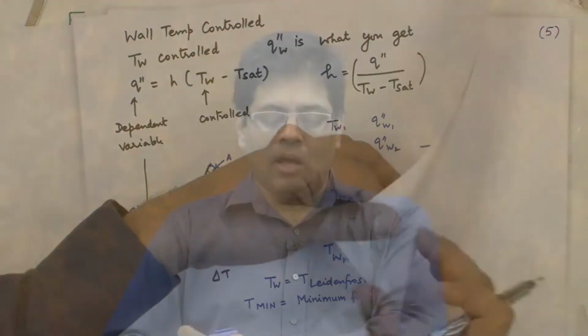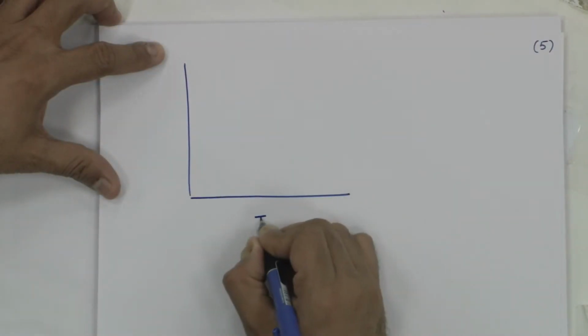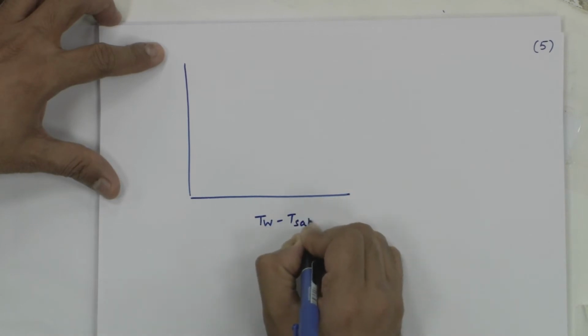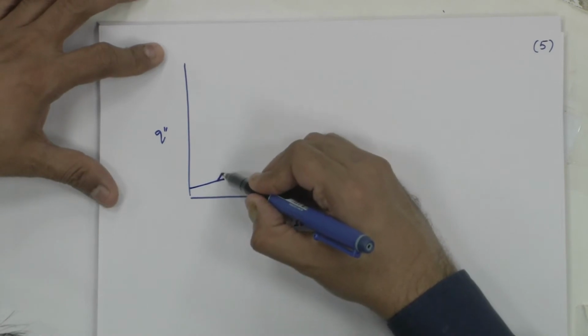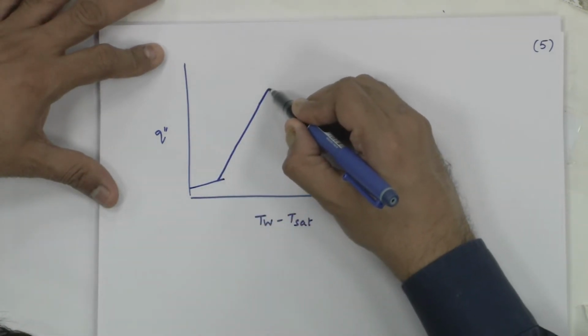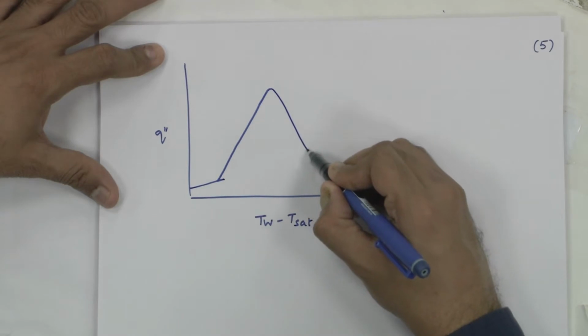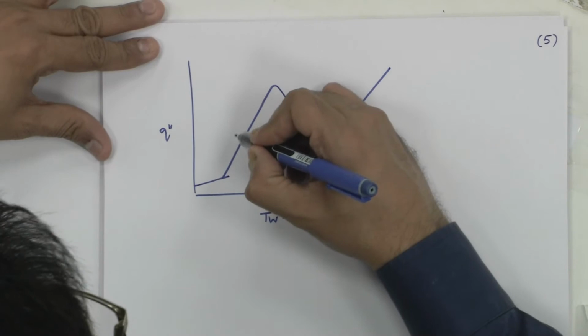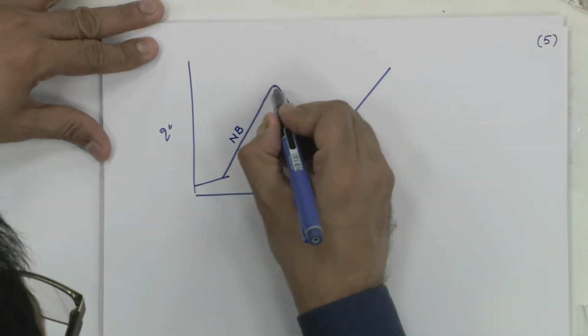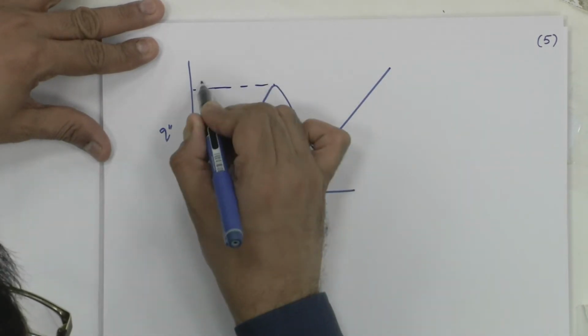So, if I combine these two boiling curves and show one boiling curve, what you see in the textbook is the following. You have wall heat flux, Q double prime, here, T wall minus T sat here: single phase natural convection, partial nucleate boiling, saturated nucleate boiling, and this is what most books will show you. So, this is the good heat transfer part, this is your so-called CHF.